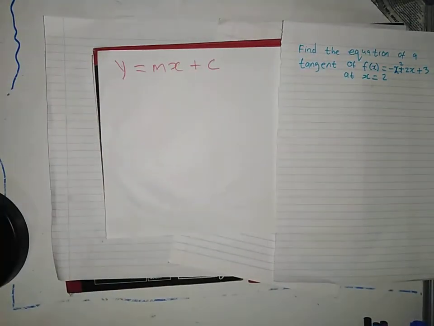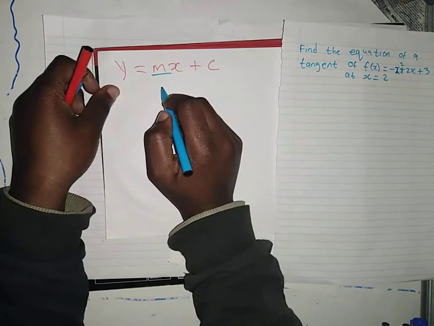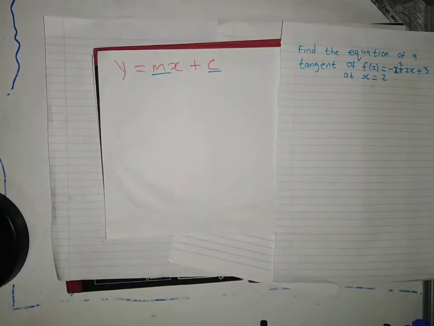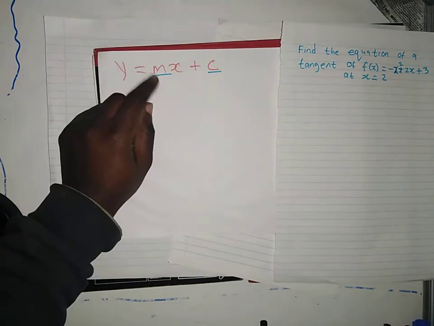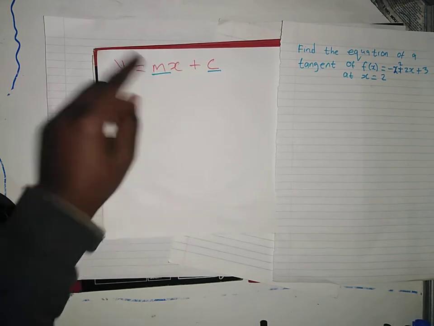So if we do want to find the equation of this tangent, you will have to find the value of m and then the value of c of this line that we do not know at this point. Now the question is, how do we find the value of m?